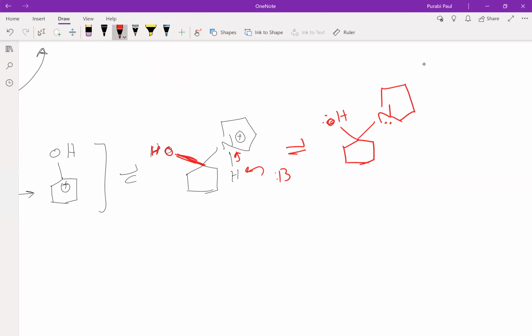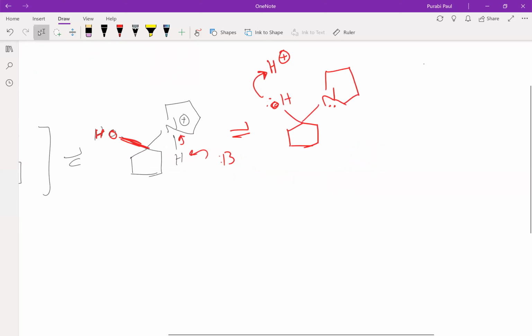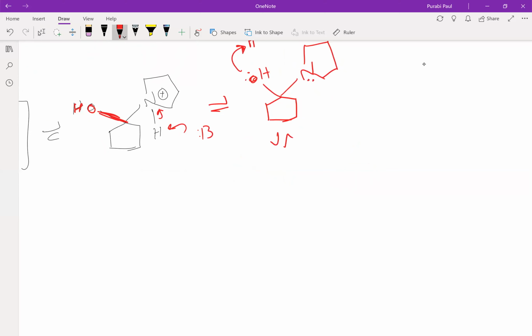In this step, the oxygen will take the H plus, and you already know what that becomes. After the oxygen takes the H plus, it turns into our good old friend water.